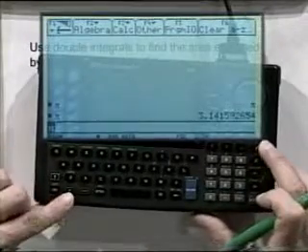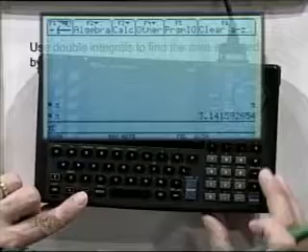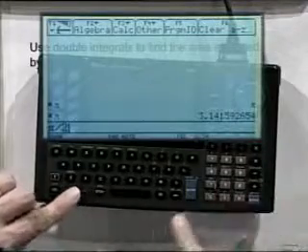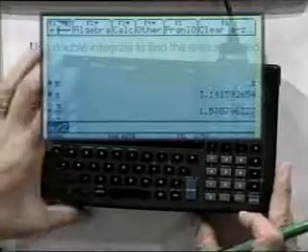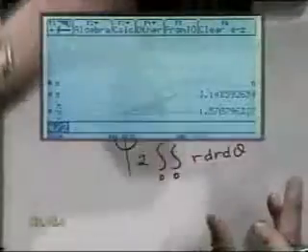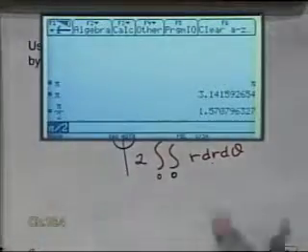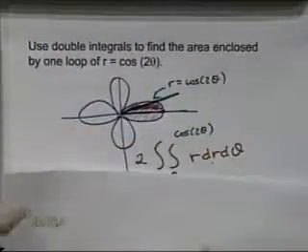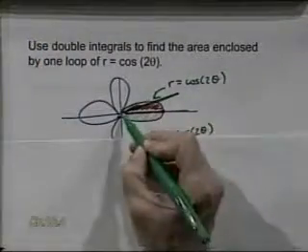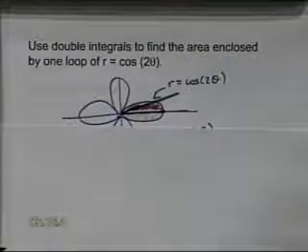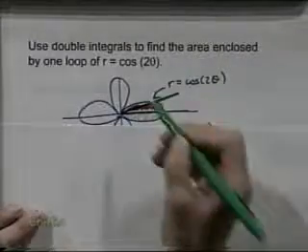I'm having problems hitting buttons today. Pi divided by 2, give me a decimal, is 1.57. It was 0.78. How can you get that exact? Now, it's going to be pi over 4, and you can try pi over 4 and see that it's exactly that. Let's talk about how can I find out what that theta is.